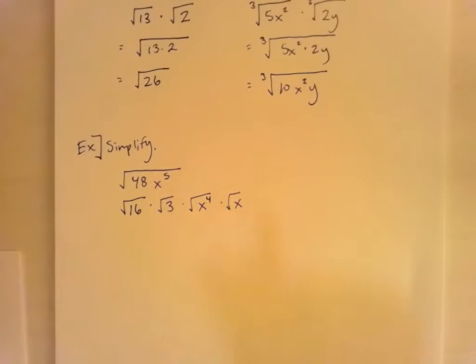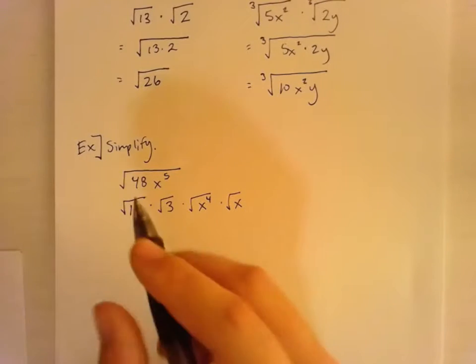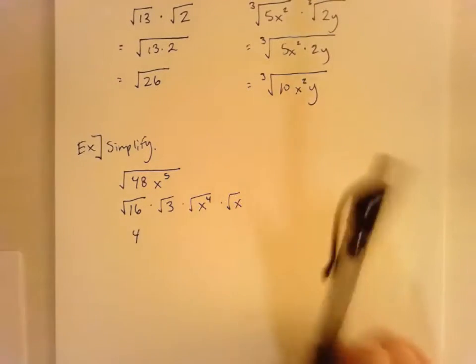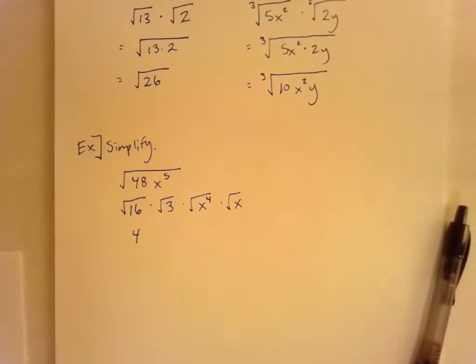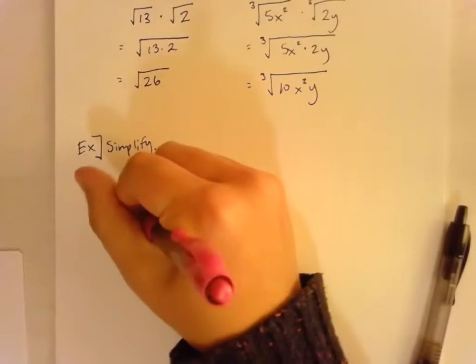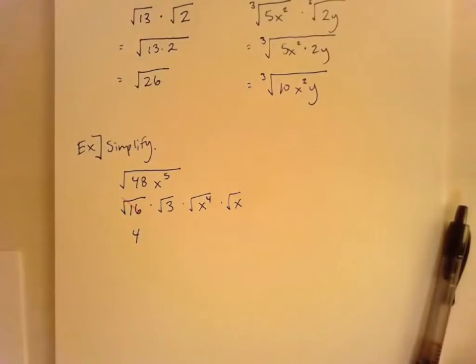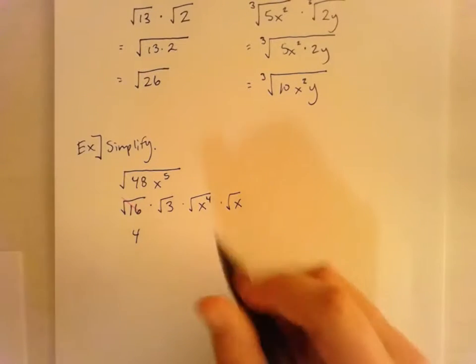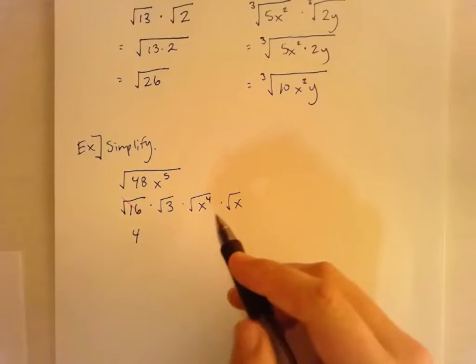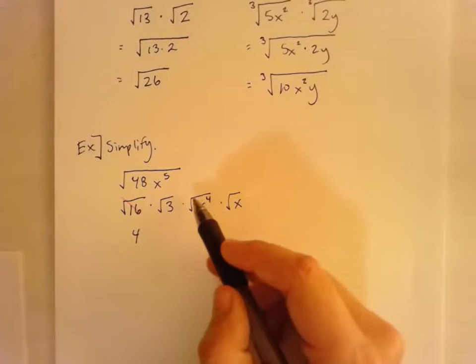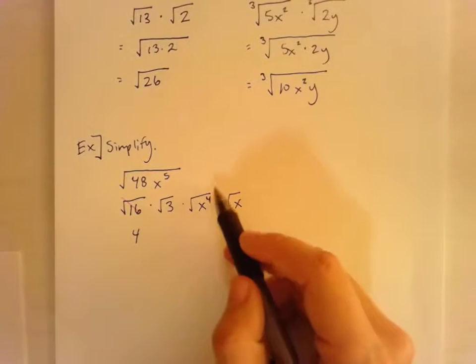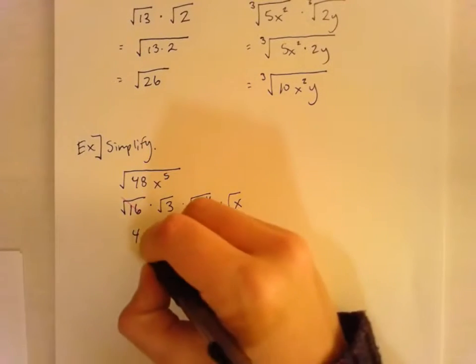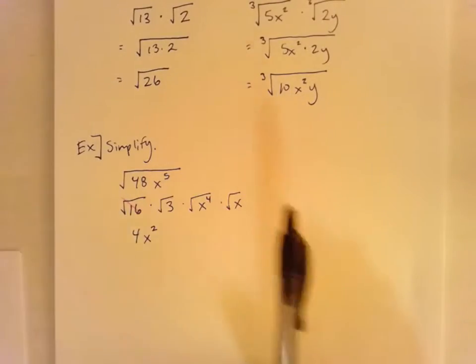When I first simplify radical 16, I know that's going to be 4, and I'm going to cross that one out. Now that I'm done with it, I'm going to cross it out from my list of factors here because I know I simplified it already. Then I'm going to deal with the square root of x to the 4th. We talked about yesterday how you can take the power and divide by the root. So 4 divided by 2, that's going to become x squared.